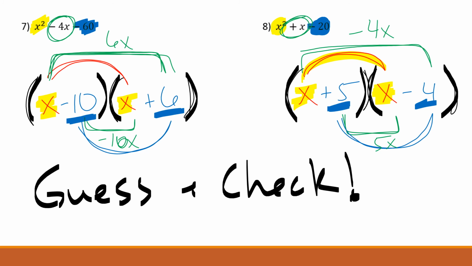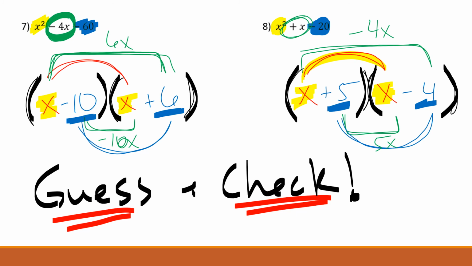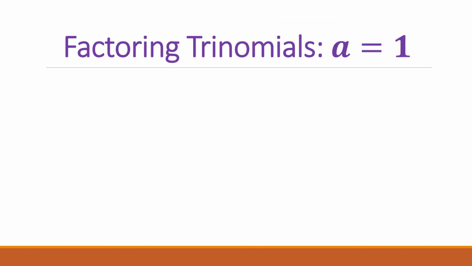The guessing and checking, really the name of the game here, comes from the middle term. It's this middle term that we have to guess and check on a little bit, but we can start by narrowing it down to things that we know for sure. And the things that we know for sure are the first term and the last term. Starting there and then checking the middle term.